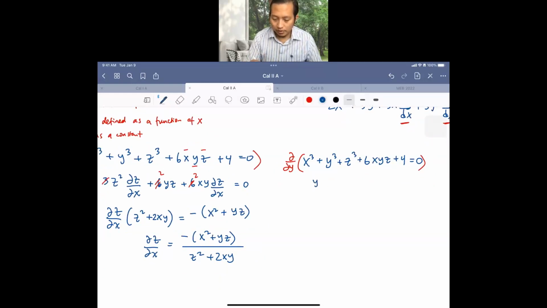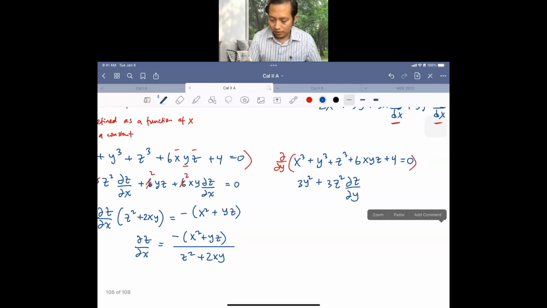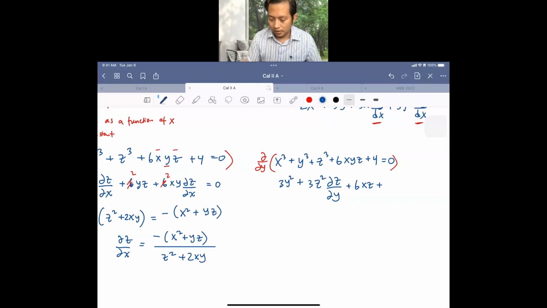So for y, 3y squared plus 3z squared, and now we are writing with respect to y, like that. So plus 6xz plus 6xy partial z over partial y equals 0. I think this is similar.